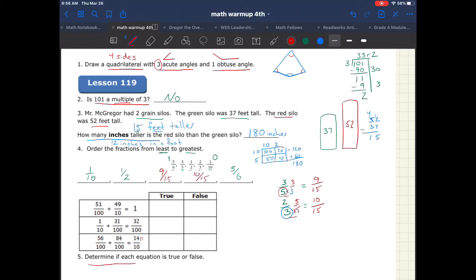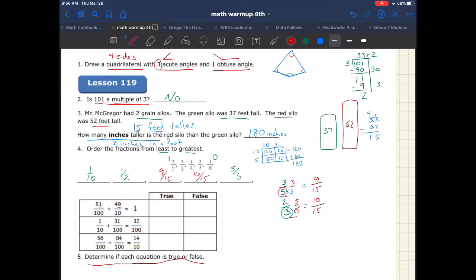Number 5, determine if each equation is true or false. And my equations are up here on the top. So 51/100 and 49/10. And they want to know if that is equal to 1. So 51 and 49 do equal 100, and 100 over 100 is 1, but wait a minute.